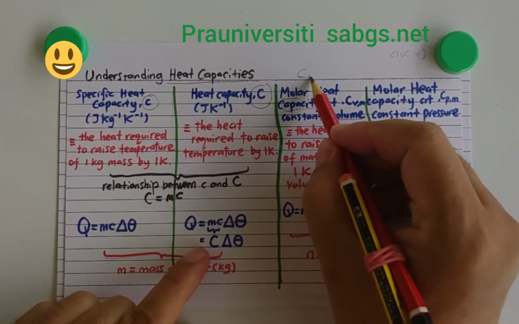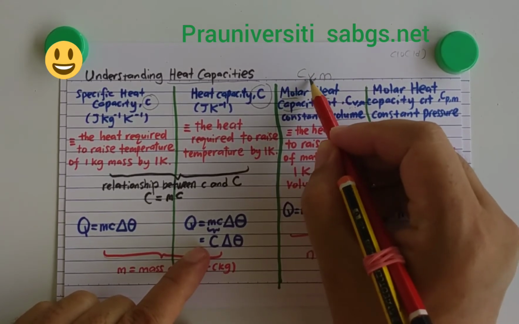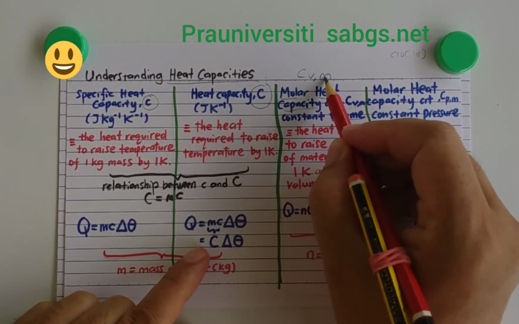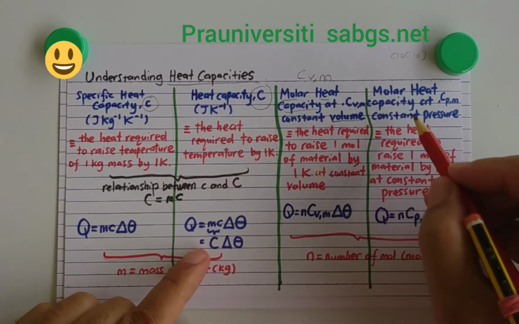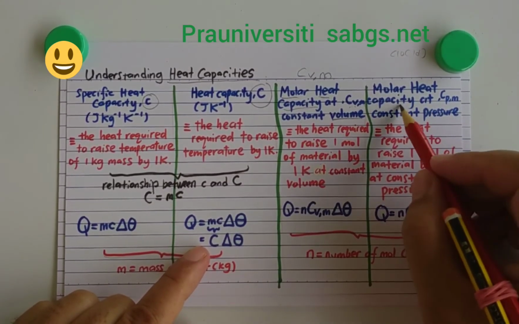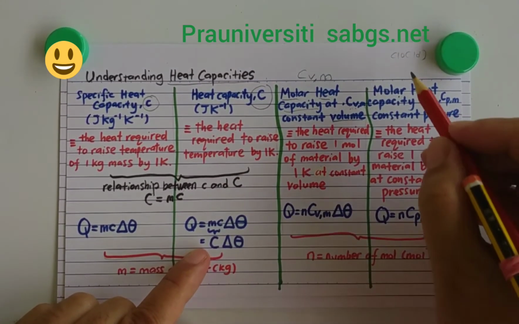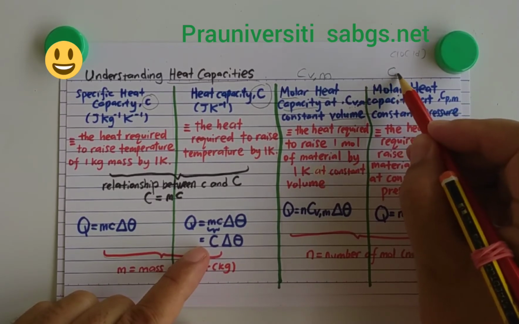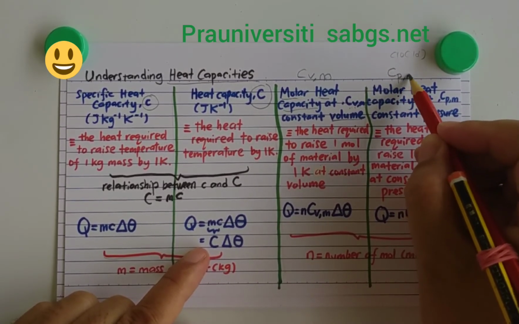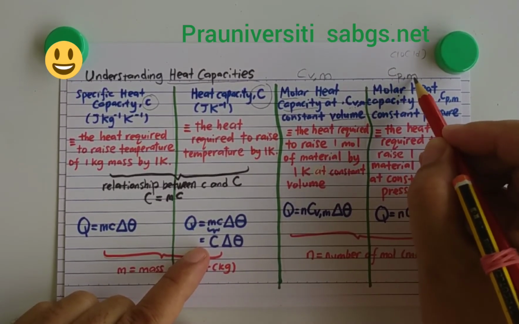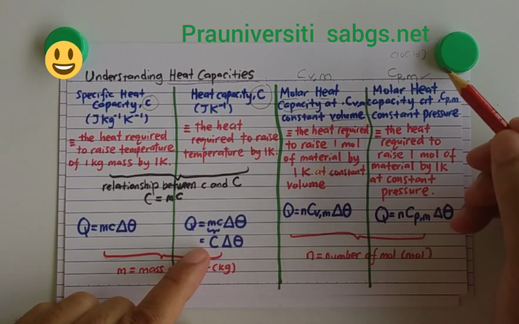Then we have another one, the molar heat capacity at constant pressure. So we write it as CPM. P is the pressure, and M refers to the mole.